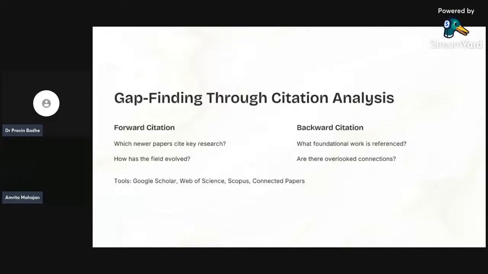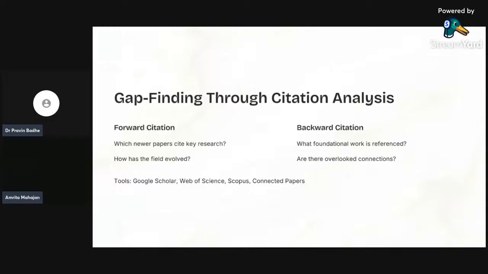It helps track new trends and shows how the field is actually evolving. Backward citation shows which papers this one cited. It helps you identify the theories or methods that are involved, and shows if some important work is missing. Why is this analysis useful?